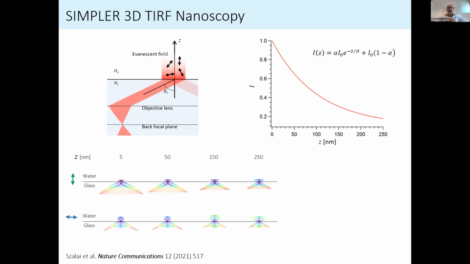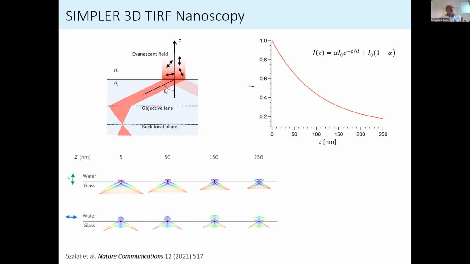But also, in addition to this, individual molecules that are close to this interface also emit light in a different way, depending on the distance to the interface. And what happens is that the closer they are to the interface, the more light they will emit into your microscope objective.